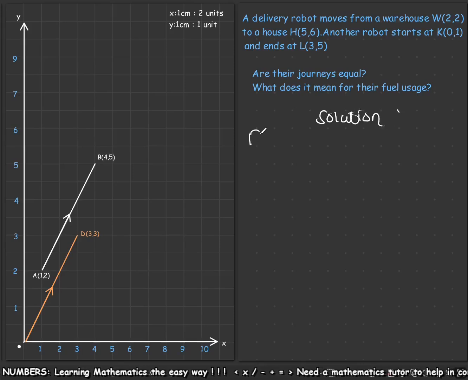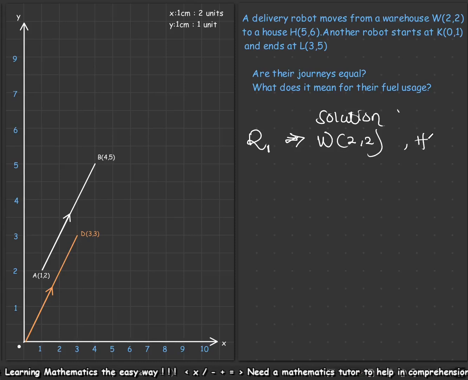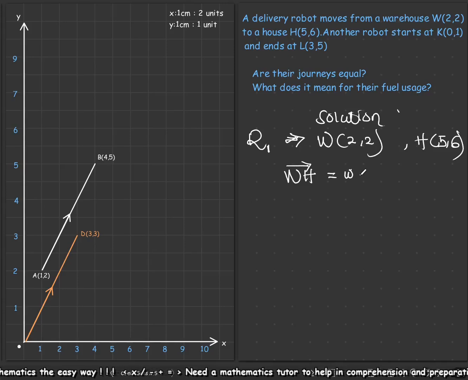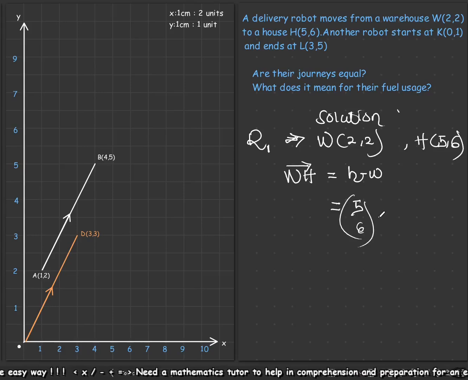For robot 1, it starts at W, which is (2, 2), and ends at H, which is (5, 6). If you want to find the vector WH, it's going to be the position vector of H minus W. H minus W means we have (5, 6) minus (2, 2).